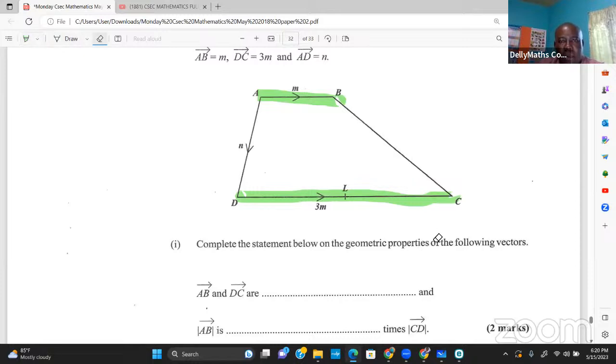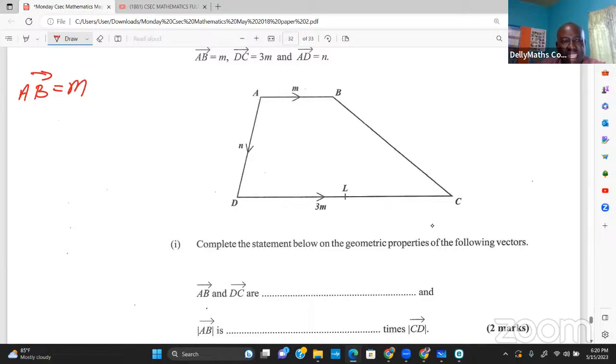What do they depict? Now, look at AB. Let me write this for you so you could make a decision. AB is given by m. DC is given by 3m. Anybody want to make a quick conclusion when you see this? What could you say? They are what?